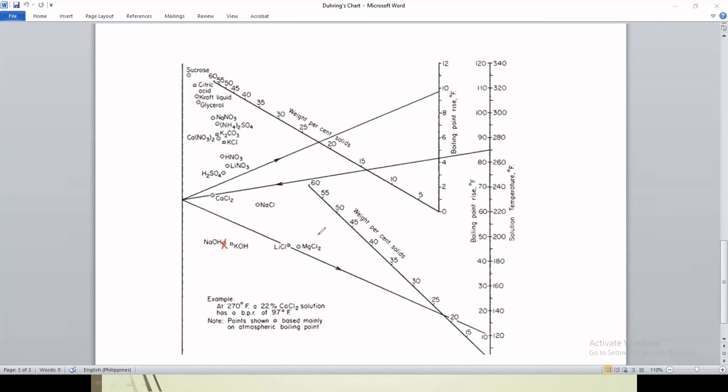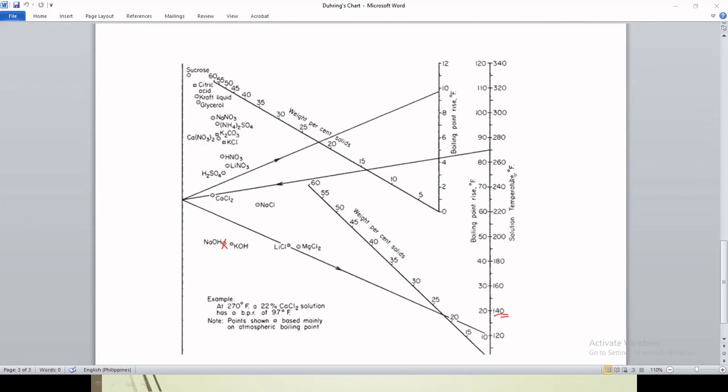And let's say the saturation temperature is the solution temperature. So let's say your saturation temperature is 140. I'm using this one, the 140, because this one is already the boiling point rise.